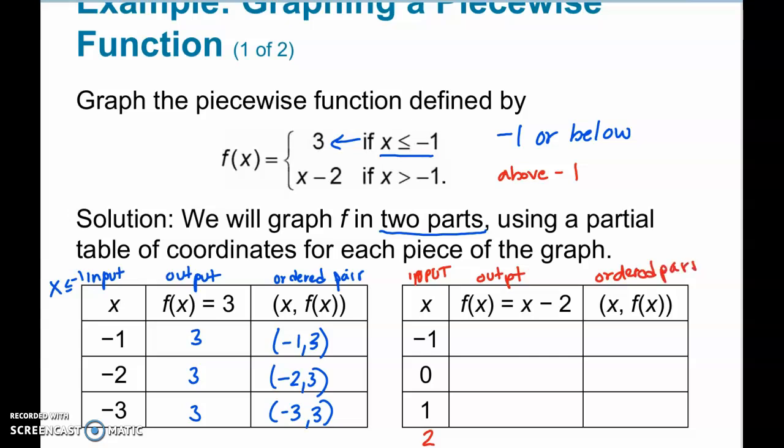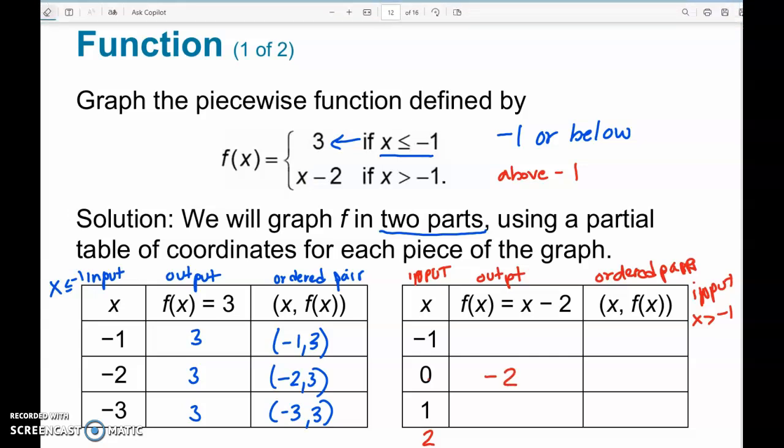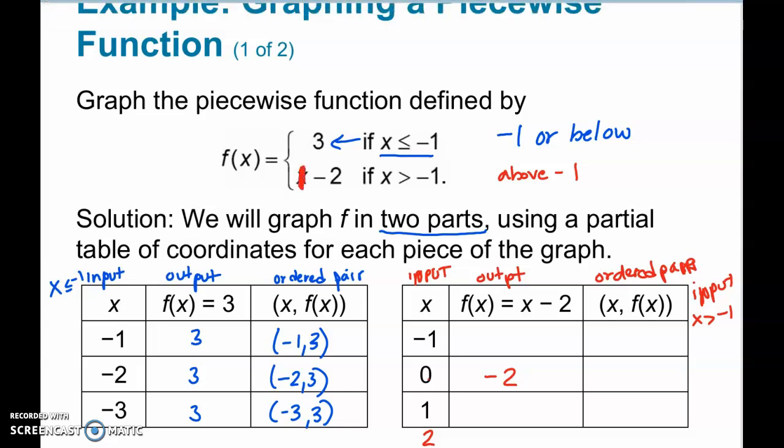And I'm going to use this table when my input is x greater than -1. So when x is 0, let's see. I'm going to plug 0 in here. 0 minus 2, I get -2. When x is 1, I'm going to plug in 1 here. 1 minus 2, -1.